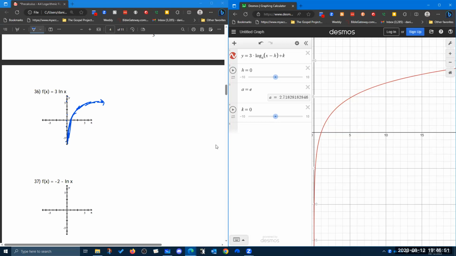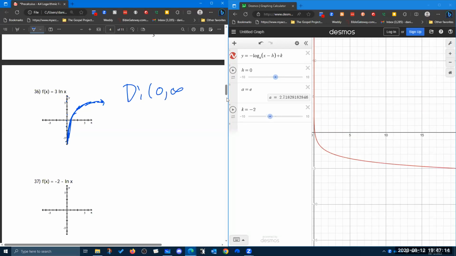Now I've got -2 minus ln of x, so I want a negative. Got my base is e still, and I want my k to be a -2, like so.